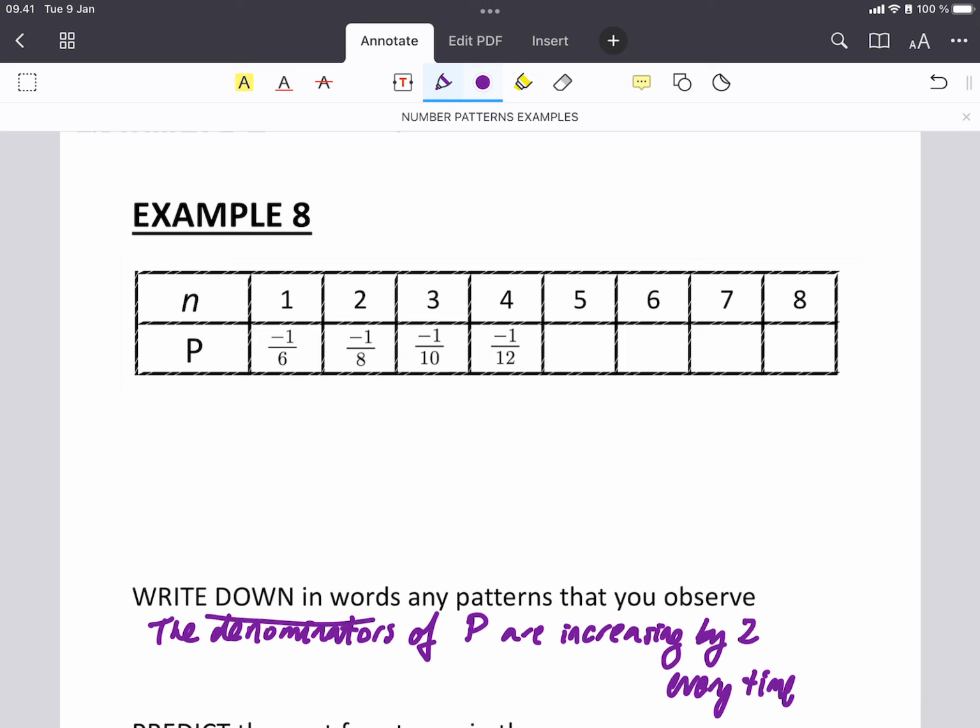So when it says write down something in words like that, that's exactly what you have to do. A sentence that makes sense in English and is not involving a whole load of algebraic terminology.